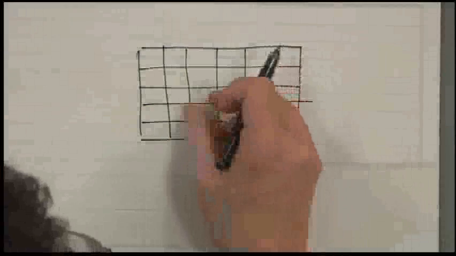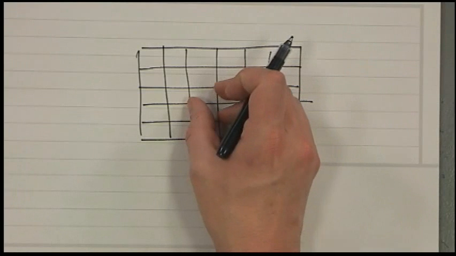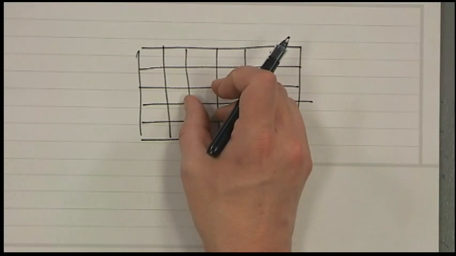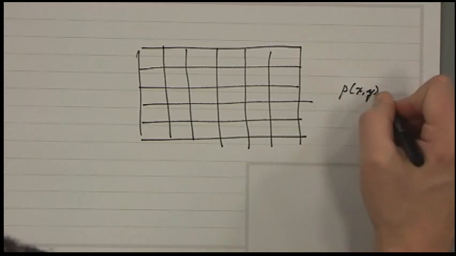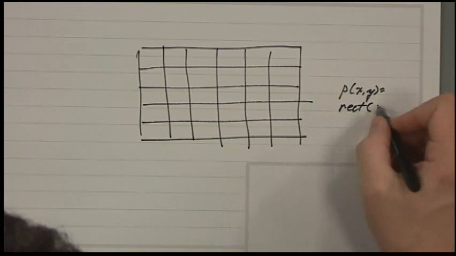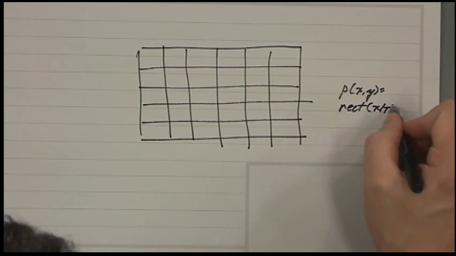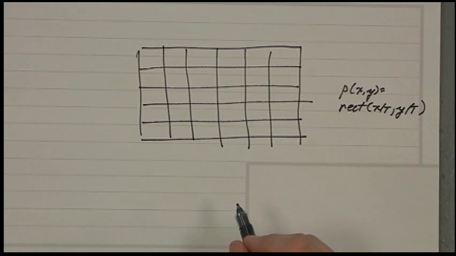But basically, each of these little squares, you modulate the light intensity of the square. So each pulse is a little square. So it's the same kind of thing. P of x, y in this case is actually rect of x over t, y over t. Okay?